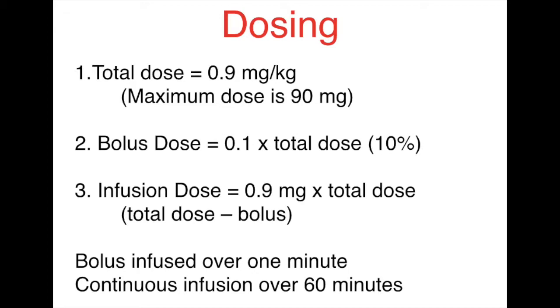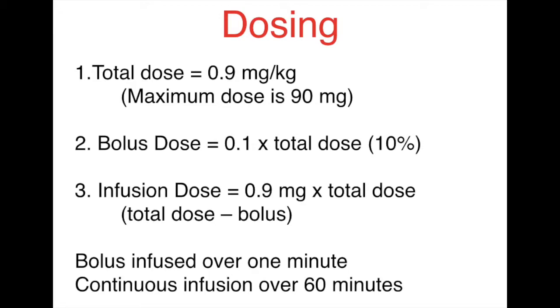So once you obtain the patient's weight in kilograms, you're going to multiply that by 0.9 milligrams. Okay, so the total dose is 0.9 milligrams per kilogram.